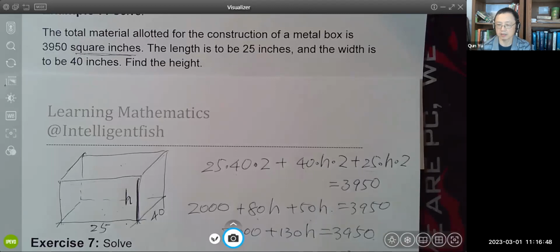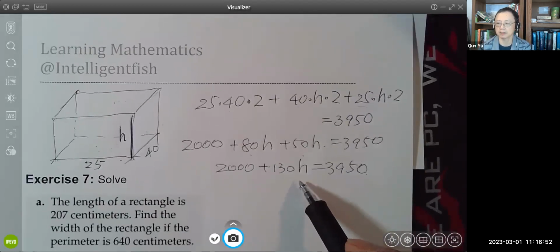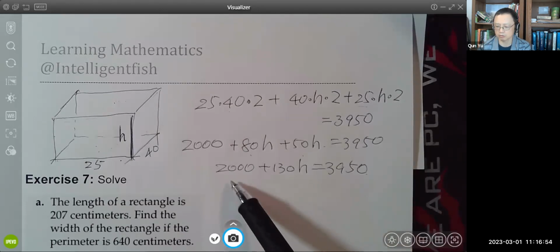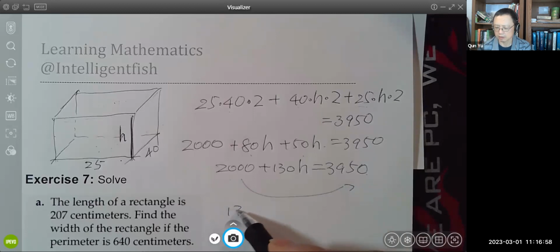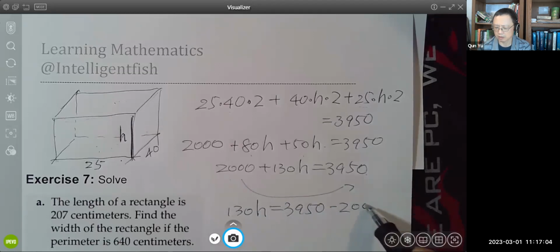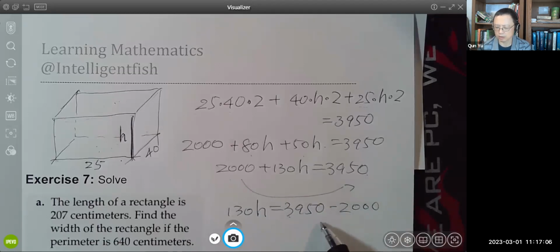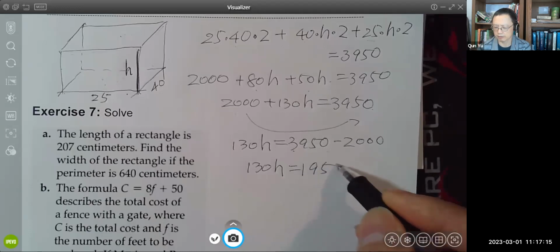Now we already saw this structure before. We want to have the variable term on one side by itself. So I just move this 2000 to the other side. So 130h equals 3950 minus 2000. So 3000 minus 2000, there's 1000 left, so 130h equals 1950.